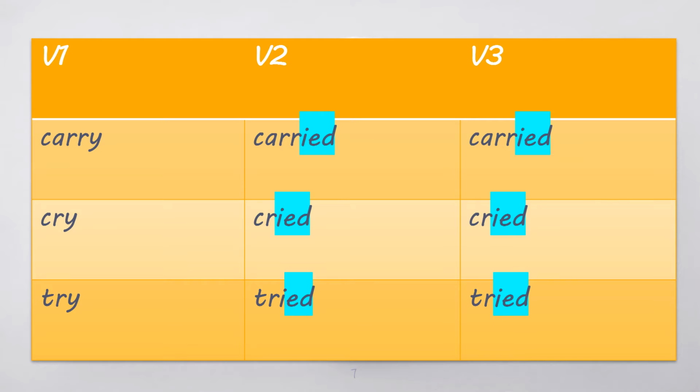So here the conjugation, or the change that takes place in the base form of the verb, that's what we mean by conjugation, is IED in V2 and V3. So carry, carried, carried; cry, cried, cried; and try, tried, tried.